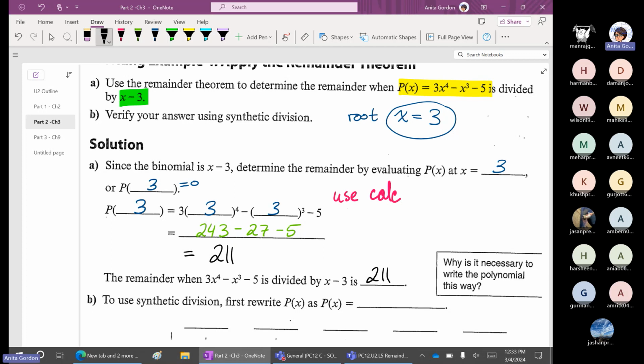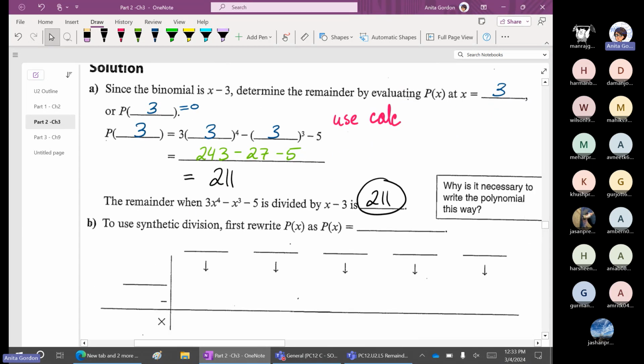Oh. So what this tells me is x equals 3 is not an x-intercept. And if I did long division, my remainder should be 211. Let's use our shortcut method, synthetic division, to check if we did this correctly.